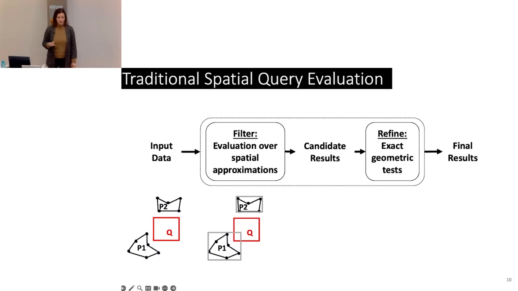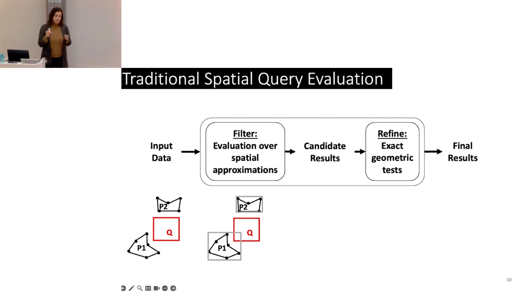So let's say we just have these two polygons, P1 and P2, and the query shown in red, Q, and we would just want to run this as a range query. So we want to find all the polygons that intersect with this rectangular range. What we do in the first step, instead of evaluating the query over the polygons, we approximate each polygon with a rectangle, the smallest axis-aligned rectangle that fully encloses the polygon, called a minimum bounding rectangle.